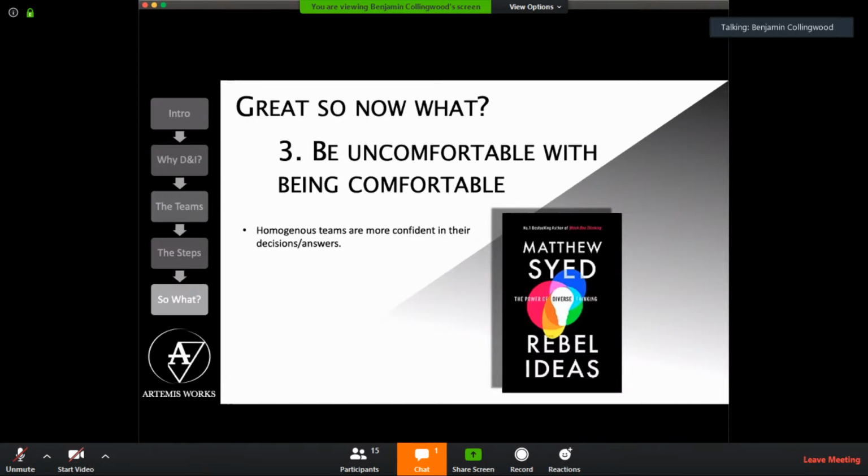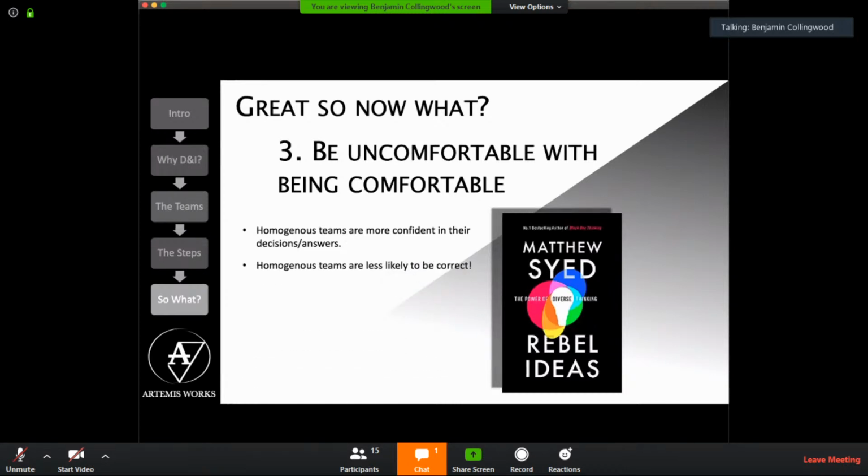Some of them involved doing things quickly to complete before a set amount of time. Some involved coming to the right answer of a complex problem. They did different problems with all these different teams, and they found that homogeneous teams, teams that are non-diverse, our team A in terms of our example before, were more confident in their answers and decisions.